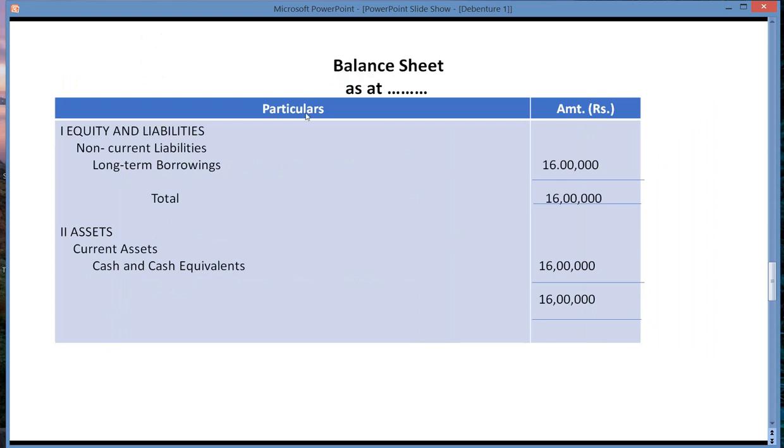If we record the transaction in the balance sheet, the company balance sheet begins with equity and liabilities, and non-current liabilities are under that. If you record it under long term borrowings or debentures, you can write 16 lakhs here.